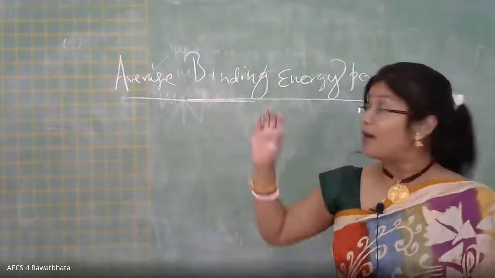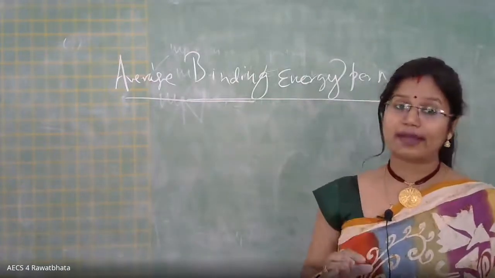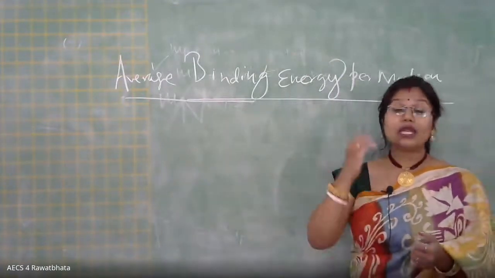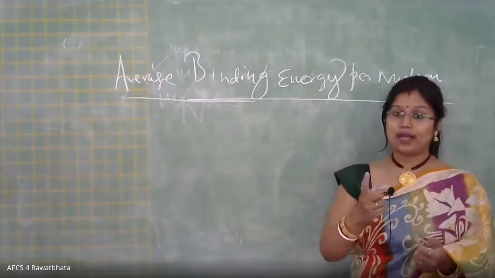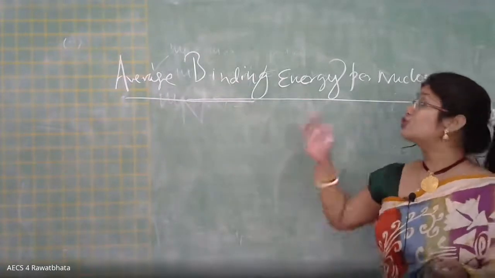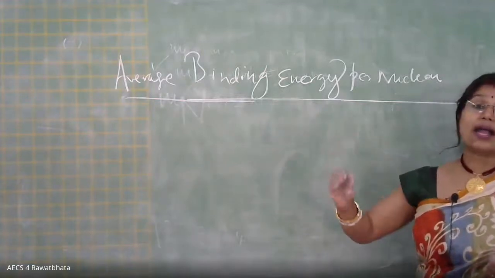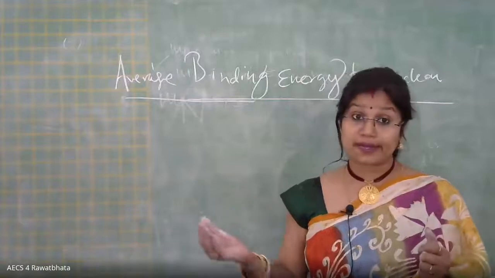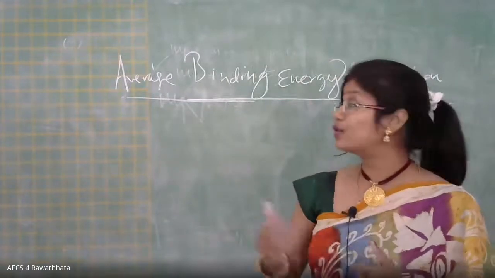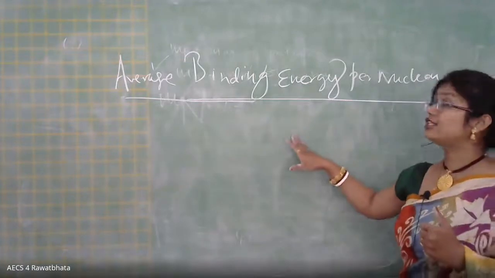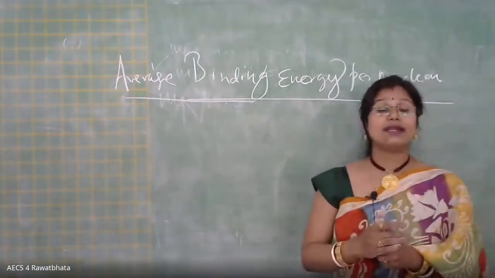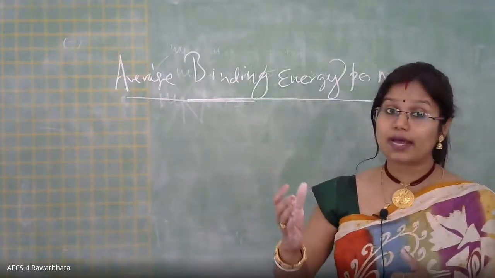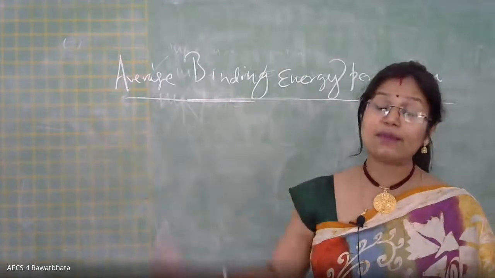This average binding energy per nucleon is defined as the average energy required to remove a nucleon to an infinite distance from a particular nucleus, so that it won't experience that particular interaction.